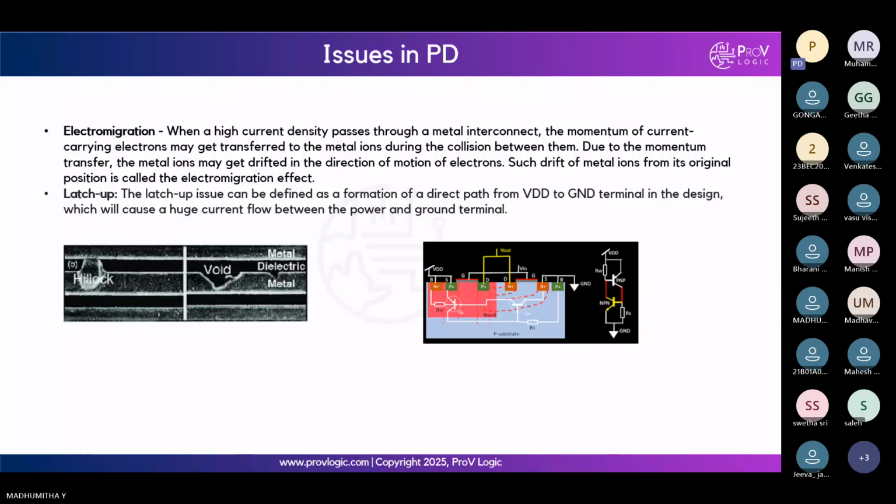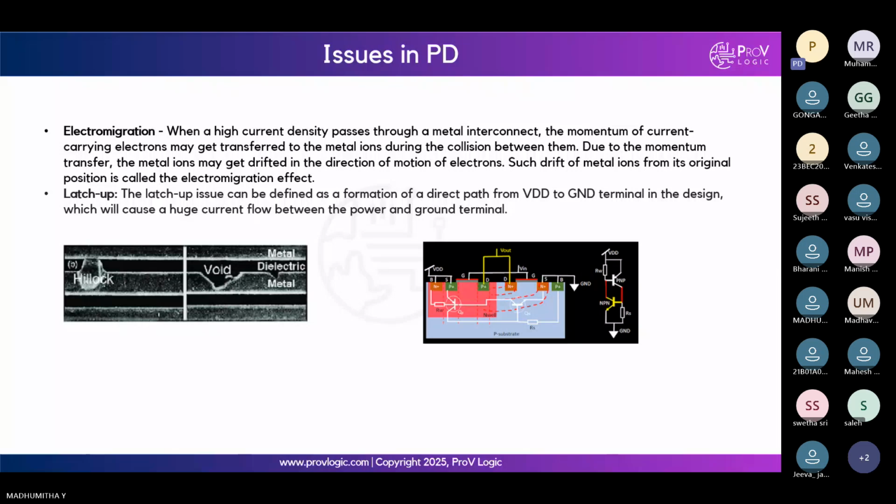So this electron migration you will see during the power plan stage. Once we establish the VDD connections, we will start seeing this electron migration. If the metal layers which we are using in our design are not able to withstand the heat generated by the high current density flowing through that metal wire, then this electron migration process will happen.